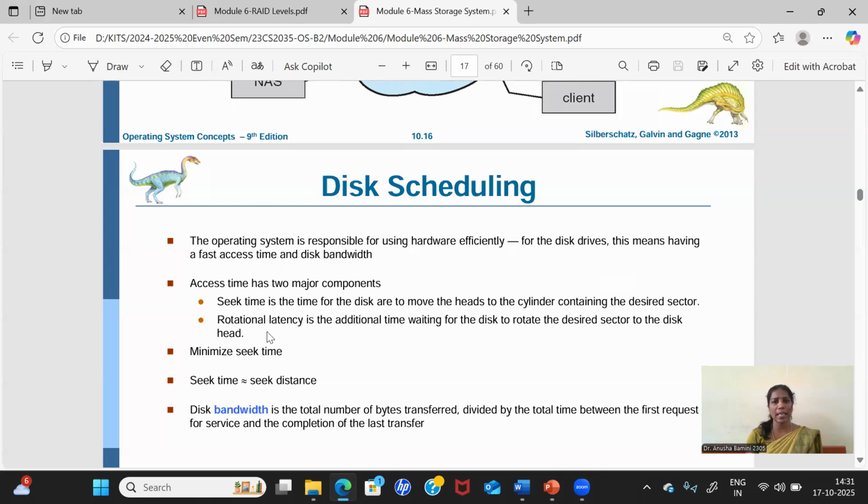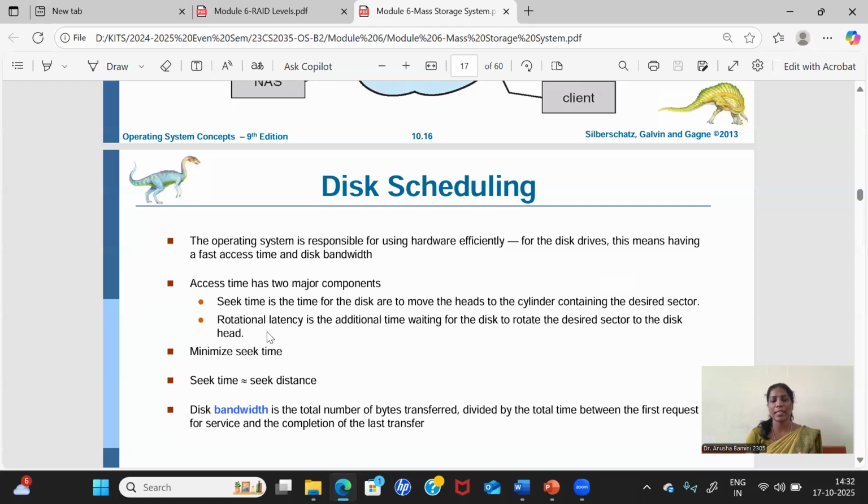How much time it takes to reach the 50th sector from the head is called seek time. Another key term is rotational latency. This is the additional time waiting for the disk to rotate the desired sector to the disk head. How much time we wait to get the data from the particular sector is called rotational latency, which means a waiting time.